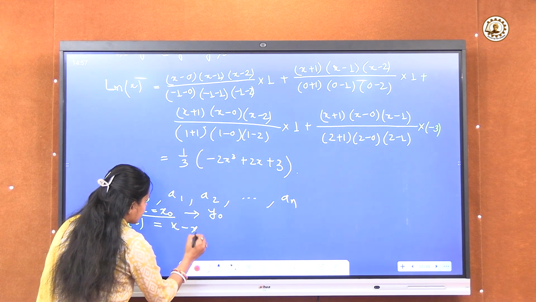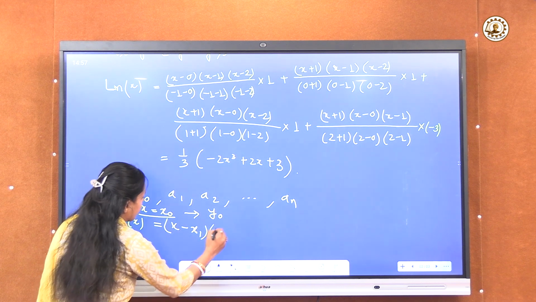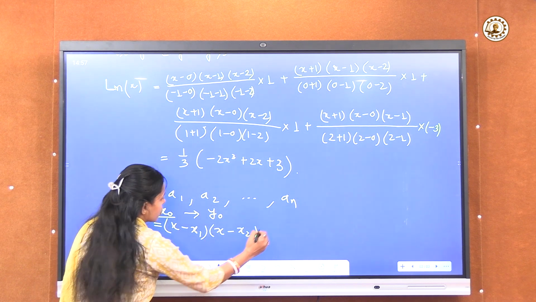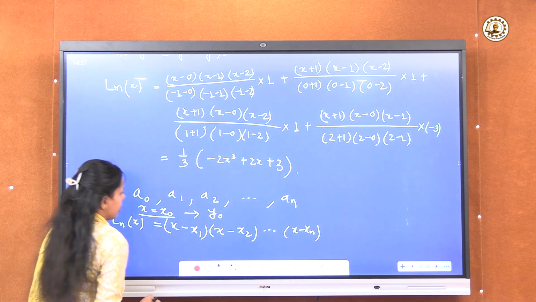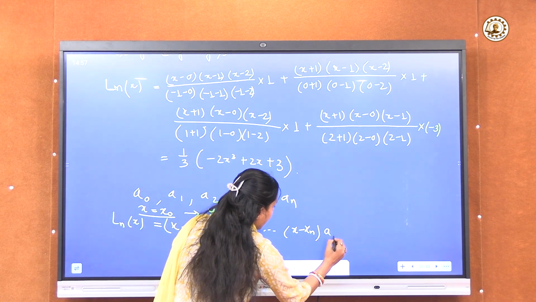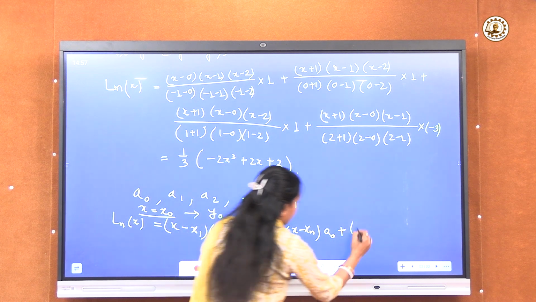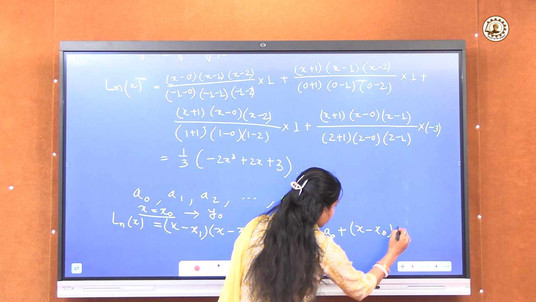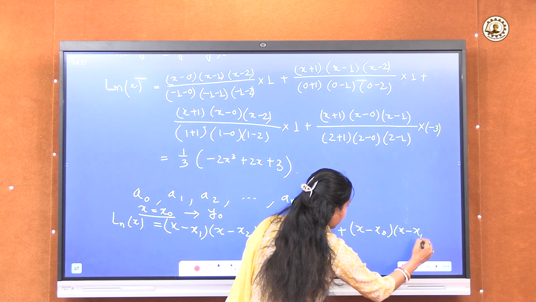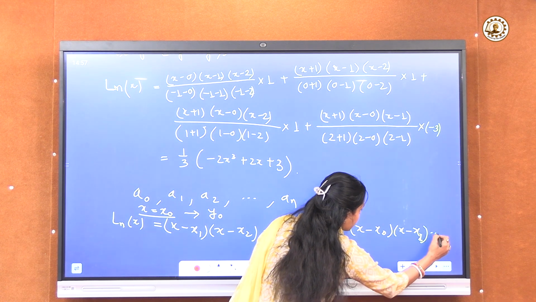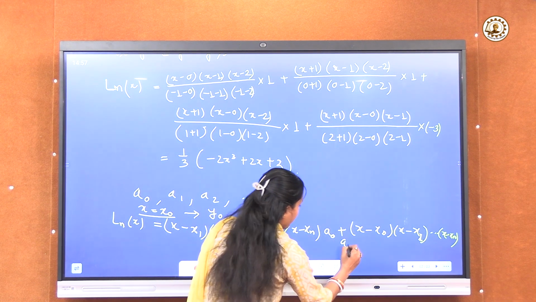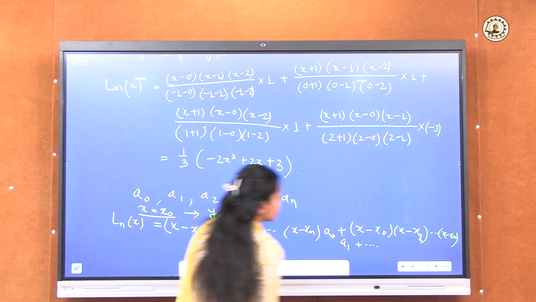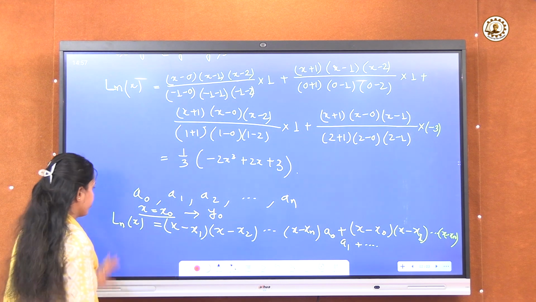So (x minus x1)(x minus x2) up to (x minus xn) times a0, plus (x minus x0)(x minus x2) up to (x minus xn) times a1. This process continues up to the nth order.